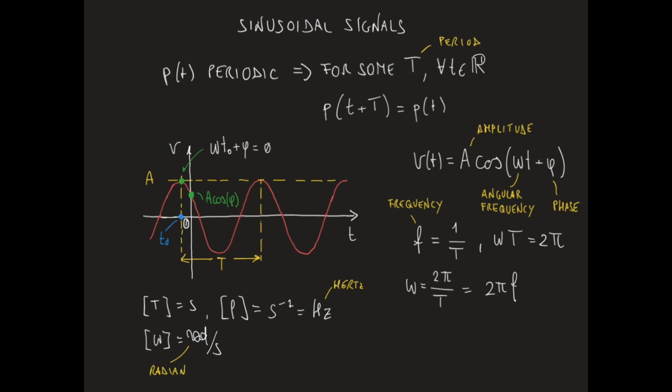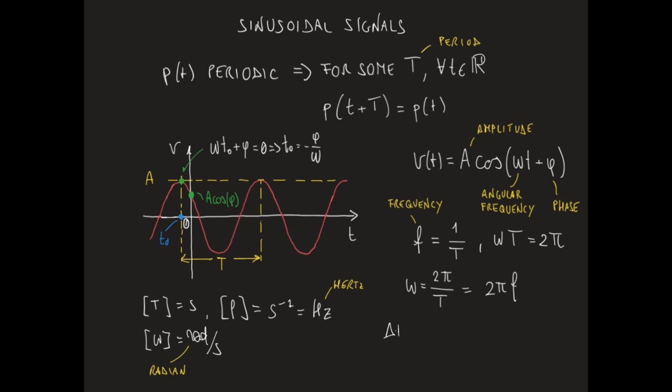Actually, it might be 2n pi, with n a relative number, but let's assume n equal to 0 here. Then t0 is equal to minus phi over omega.